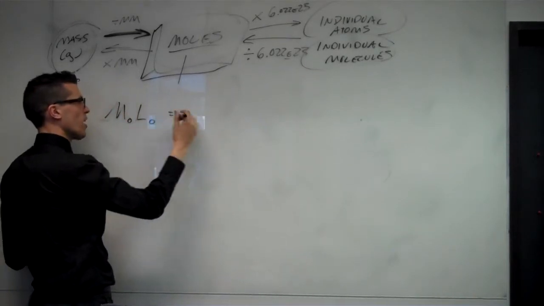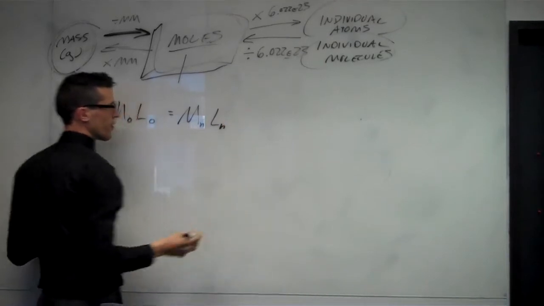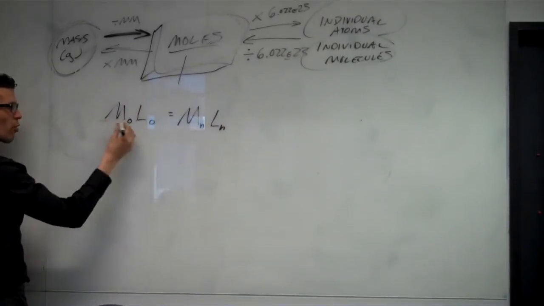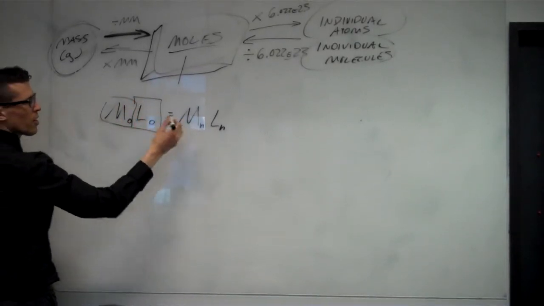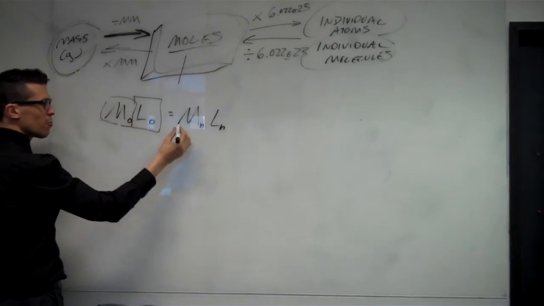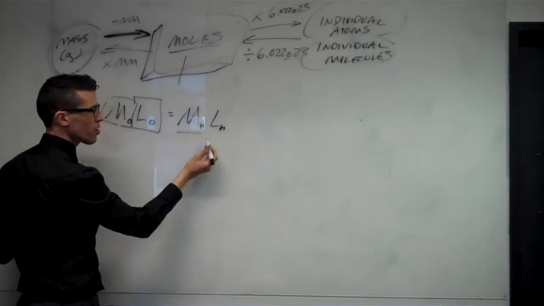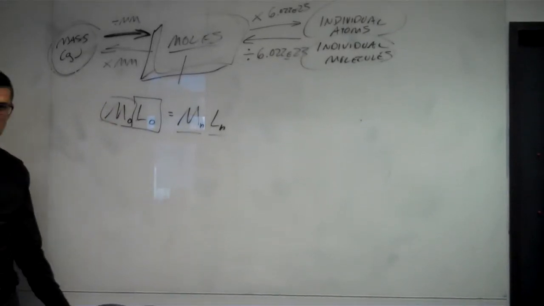That's what the o and the n stand for. Old molarity of the old solution, and the liters of the old solution. You multiply them together and they equal the same product over here: the molarity of the new solution times the liters of the new solution. That's what the equation means.